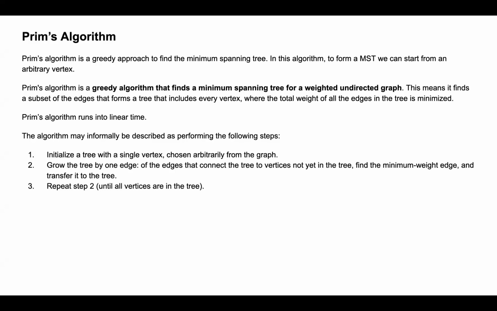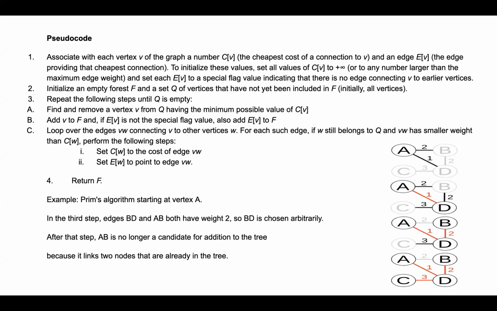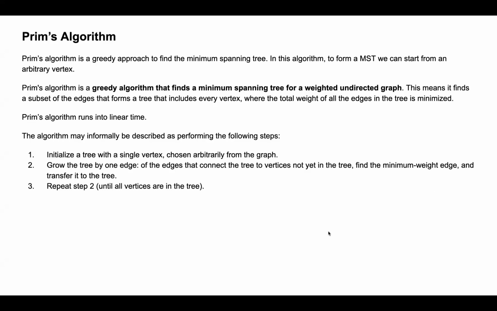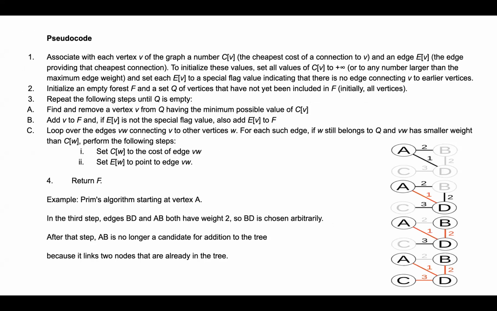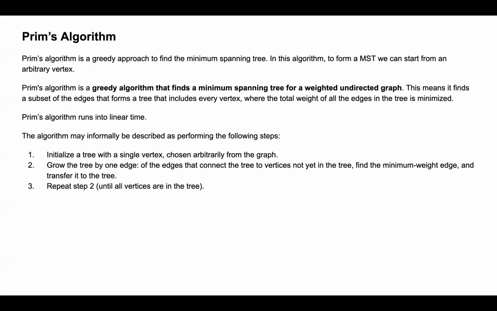Now Prim's algorithm runs in linear time. How it runs in linear time, we can see here. We'll see first the steps in the algorithm. Initialize a tree with a single vertex chosen arbitrarily from the graph. Any vertex to start with we can choose.